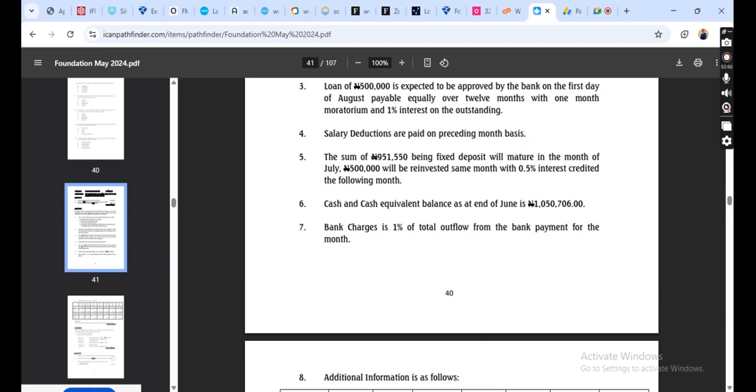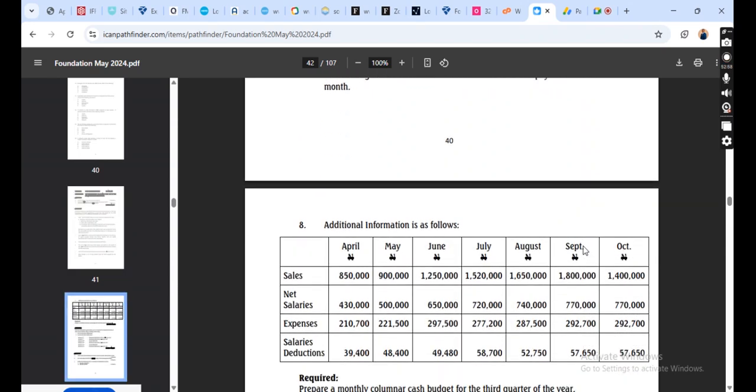It is 1% of total outflow from the bank payment for the month. All your total outflow, right? What is your total outflow? Your net salaries, expenses, salaries deduction.